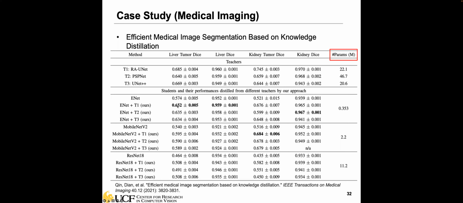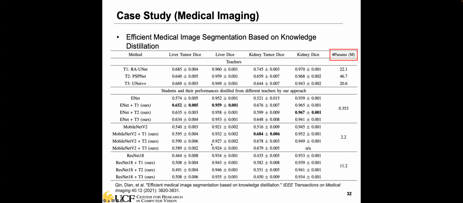Compared with the teacher, there is only a 0.033 performance drop in the liver tumor DICE, which is a very small drop compared with the original student and the teacher. So this is a very effective way to regain the performance for the student network.